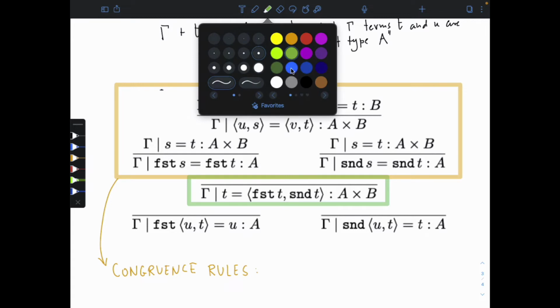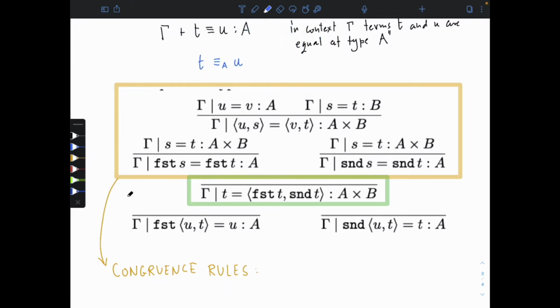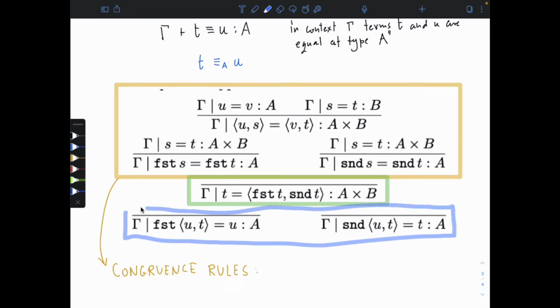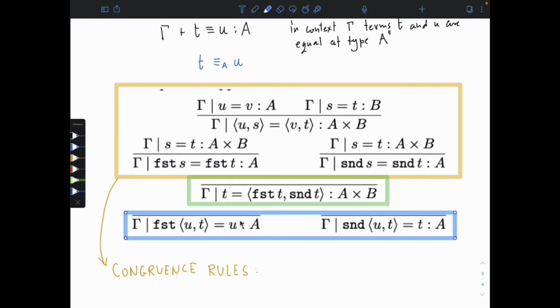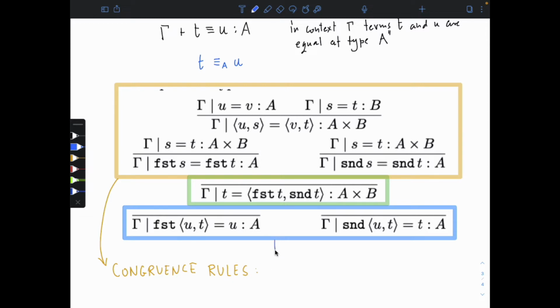I'll just do this product stuff and then we'll have a break. And then we have these two. Okay, so these two are computation rules.